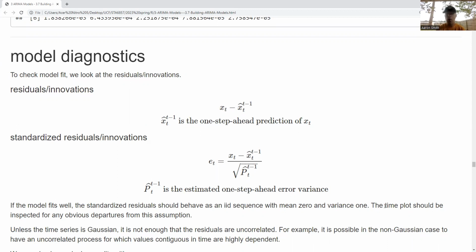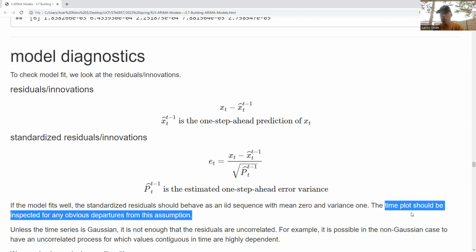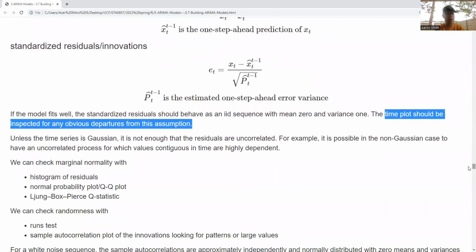And so we want to look at the time series plots to make sure that there's no obvious contradictions to this IID situation. Now, unless the time series is Gaussian, it's not enough for the residuals to be uncorrelated. For example, it is possible for a non-Gaussian process to be uncorrelated but have values that are highly dependent with each other.